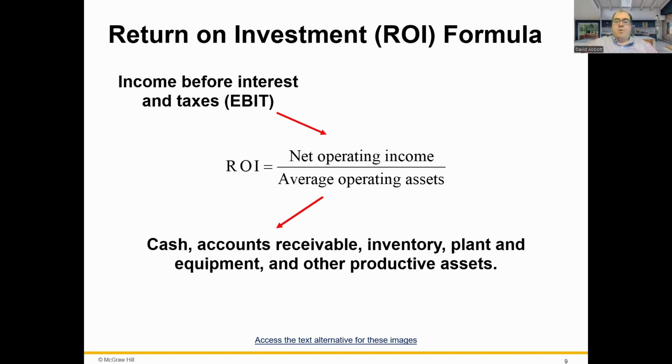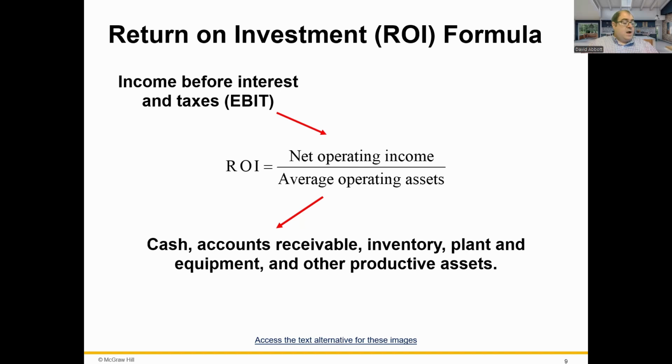So again, our net operating income would be our income before interest and taxes. And then our average operating assets would be like our cash, our accounts receivable, plant, property and equipment, and other productive assets.